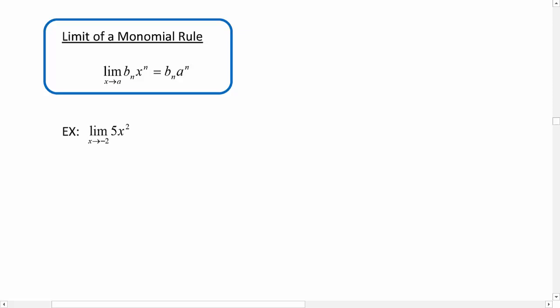The subscript of n on the b is just to differentiate between the different coefficients that we're going to have once we have a big polynomial instead of a single term. Basically, all that's happening is the constant stays the same, and that's kind of our constant multiple rule where that constant comes out in front. So that's what's happening here.